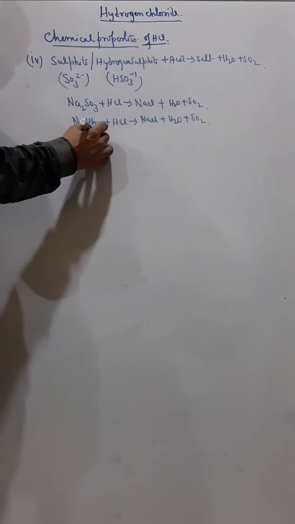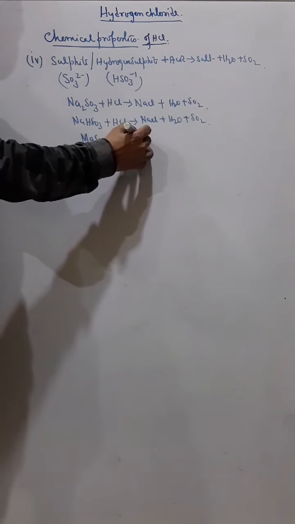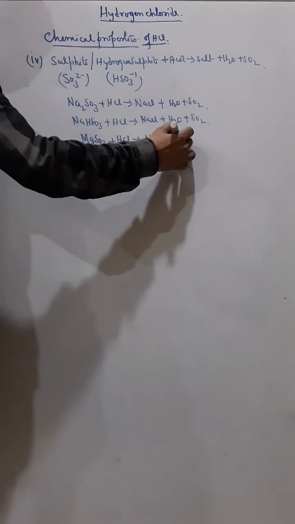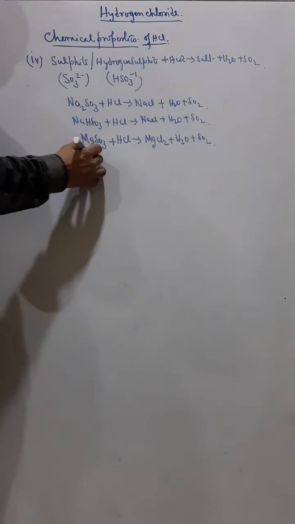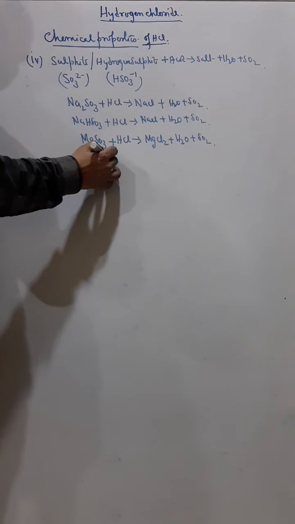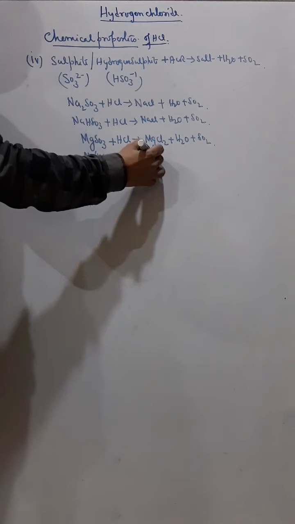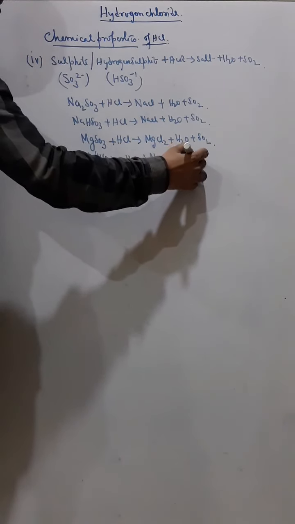Say MgSO3 plus HCl, MgCl2 plus H2O plus SO2, again Mg(HSO3)2 plus HCl gives you MgCl2 plus H2O plus SO2. Okay.